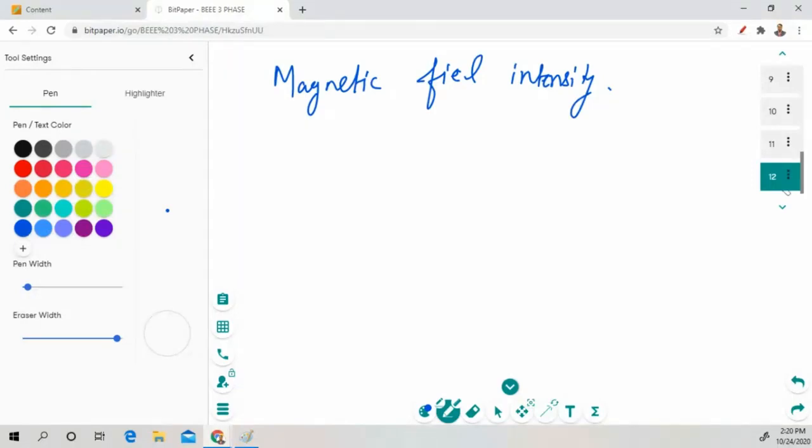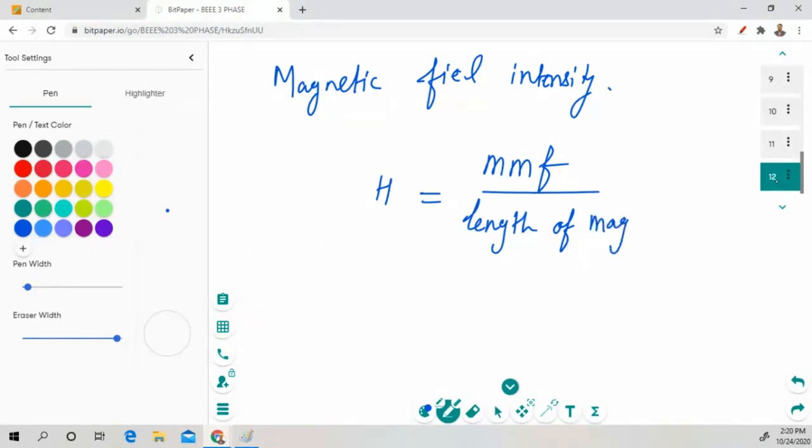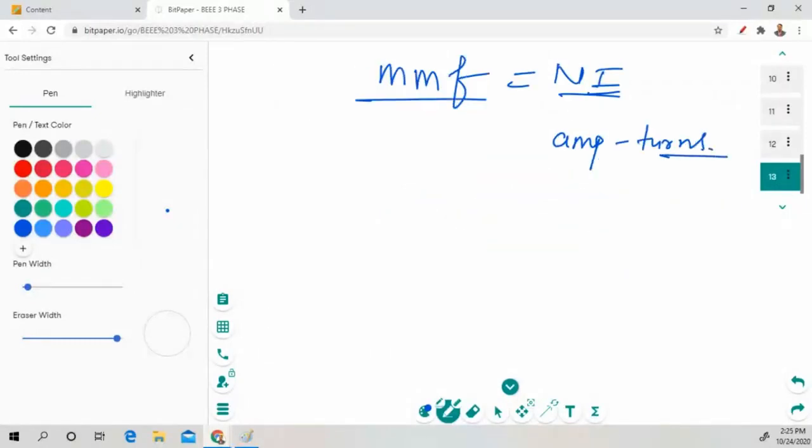Magnetic field intensity is represented by H. So H is the MMF divided by the length of the magnetic path, in ampere turns.